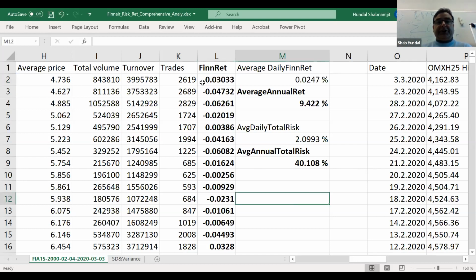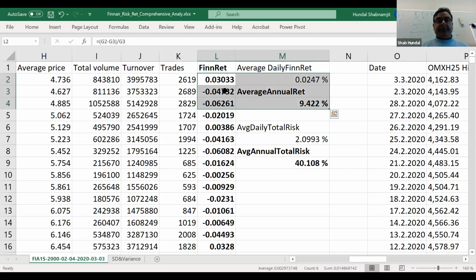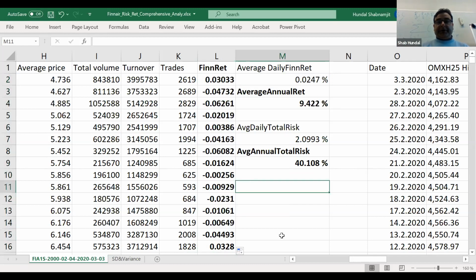And then we calculate the return for the full period. You just have to click this thing, and then it comes for all the period.